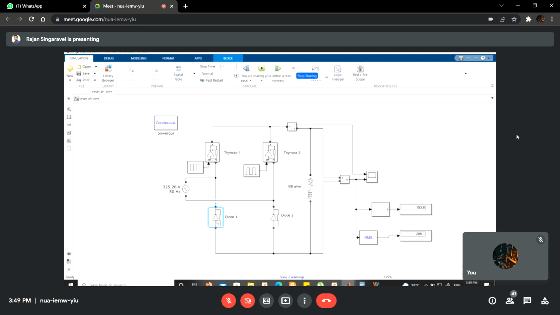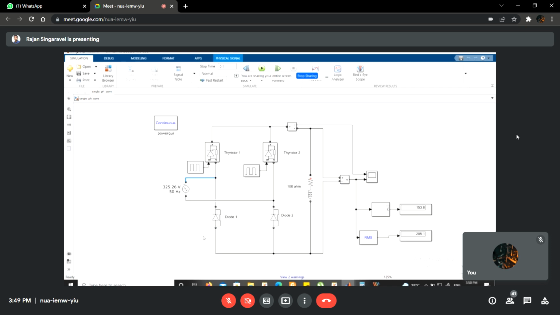That's all. At 2 pi, definitely diode D1 will be turned off because this polarity will change and the positive cycle will appear. So this point, whatever I am marking now, becomes positive, so obviously this diode will be reverse biased.